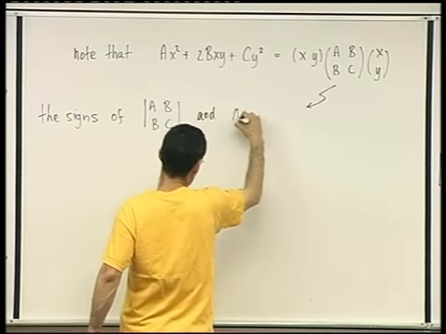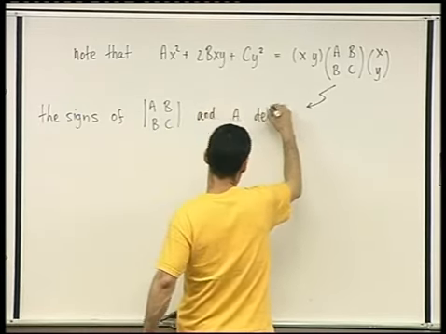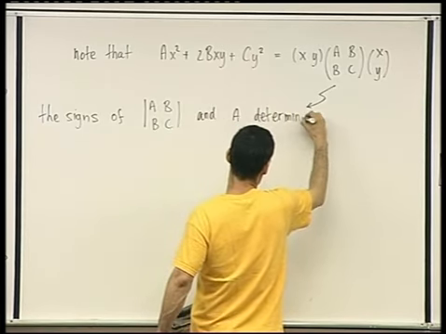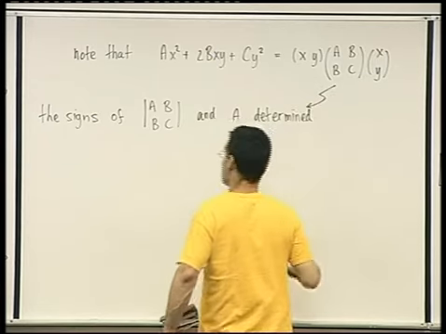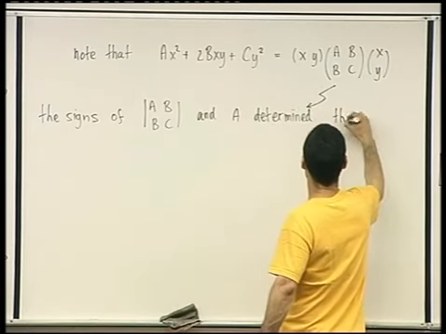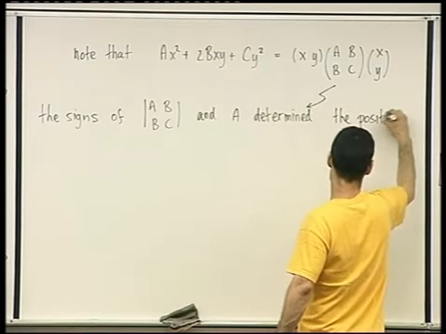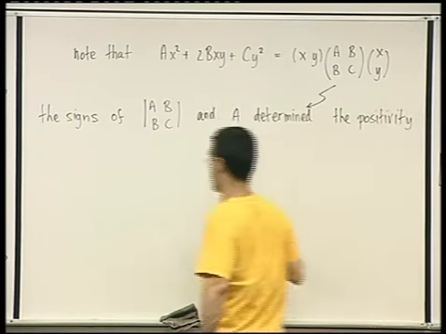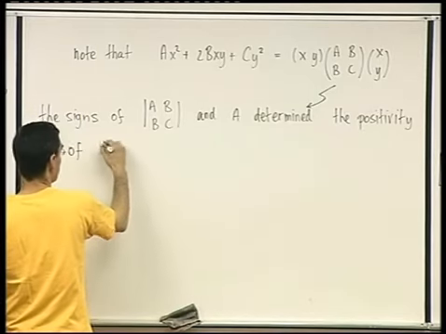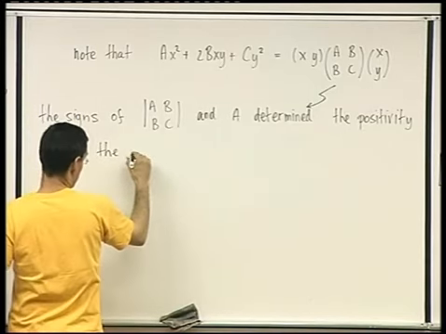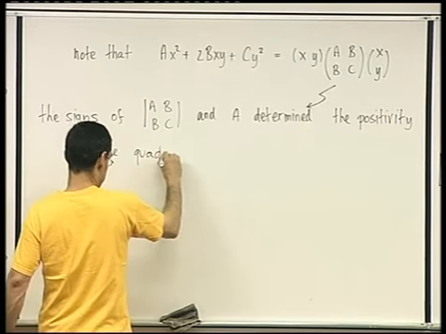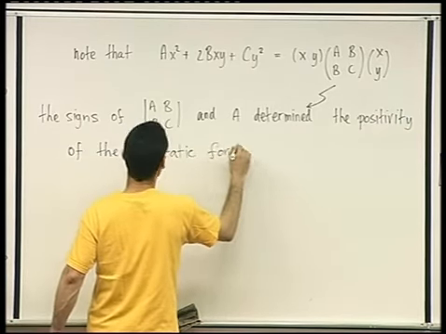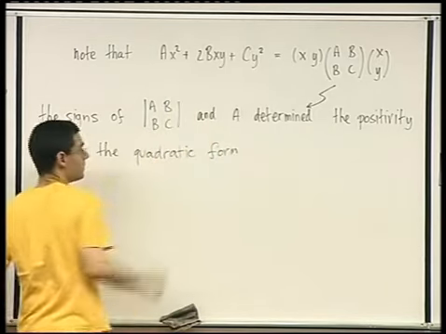And A itself determined the positivity of the expression, the quadratic form. This thing.